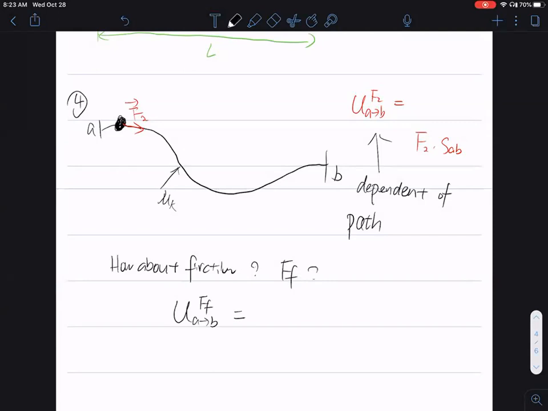Everybody stand up. Why is it so quiet today? Stand up. Wake up and spend 1 minute talking to each other to say, what is the work done by the friction force? What's the direction of friction force?